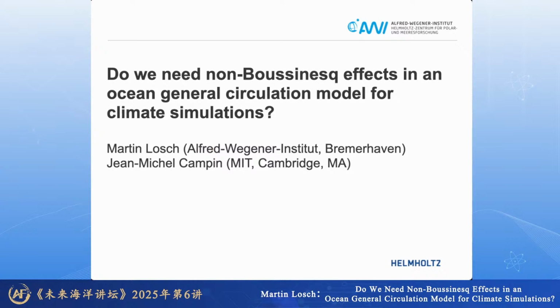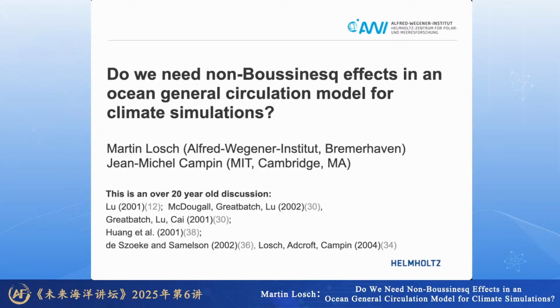So my talk is about non-Boussinesq effects in general ocean circulation models, and actually, do we need them for climate simulations? This is old work, but I've been revisiting it recently together with Jean-Michel Campin at MIT. This is a discussion that is 20 years and older, and there were a few publications that you can see here, especially Trevor McDougall and Greatbatch and Liu, who claimed that these Boussinesq ocean models that we have make serious systematic errors that we need to reconcile.